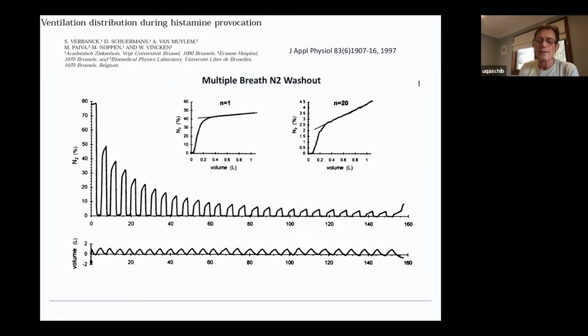Now, this is not only driven by acinar contribution or diffusion contribution, it is also affected by convection maldistribution, because we may have parts of the lung where the convective exchange is very slow and not very good. Let's say parts of the lungs are bronchoconstricted, and in breath number 1, the good parts are exhaling, parts of the lung that are in good convection shape as well.